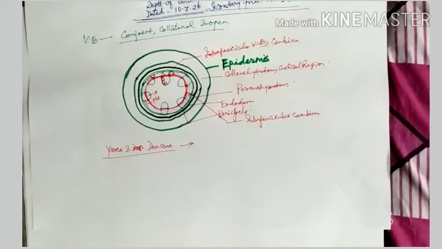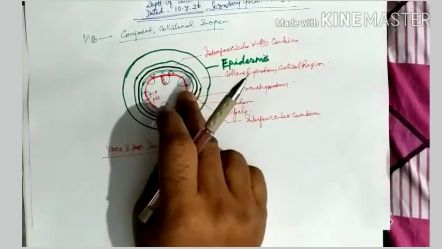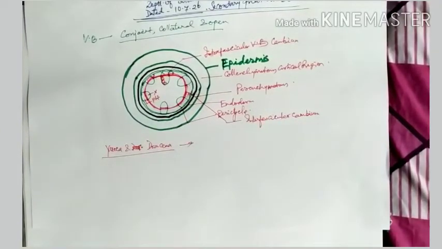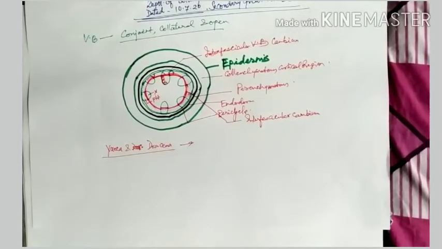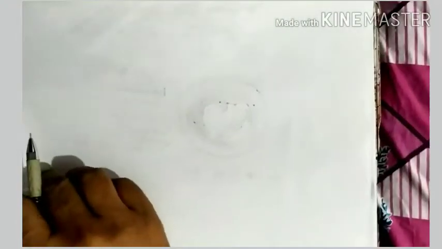The secondary growth is actually the activity of this cambium. Due to this, the secondary growth takes place. Then what happens in favorable condition? The ring of cambium starts division, and secondary phloem and secondary xylem are formed.